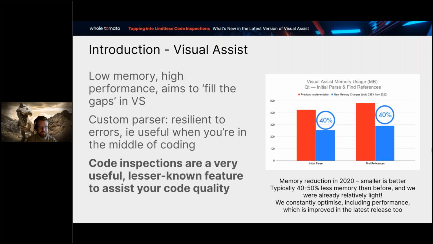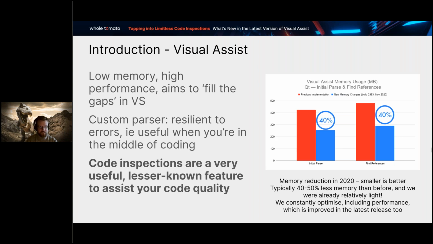But Visual Assist uses a different type of parser, one that's very resilient to errors or very good at looking past errors and understanding code regardless. That's very important because when you're in the middle of coding, your code often doesn't compile. You're partway through doing something. And so a compiler-like parser is not really suitable when you're in the middle of development.